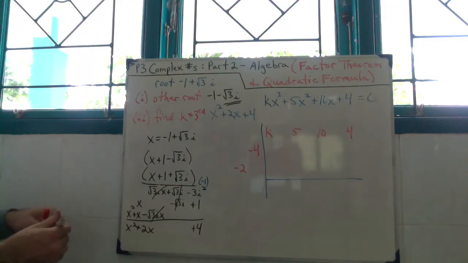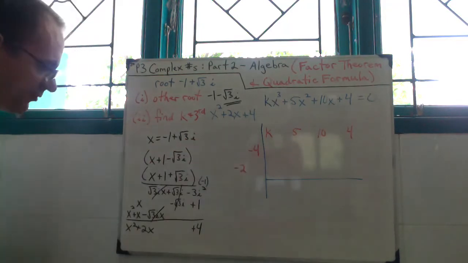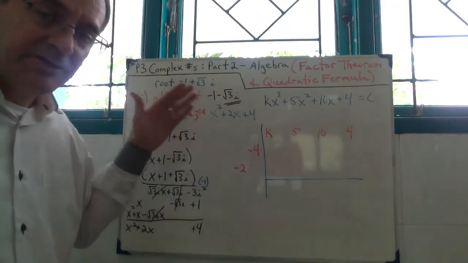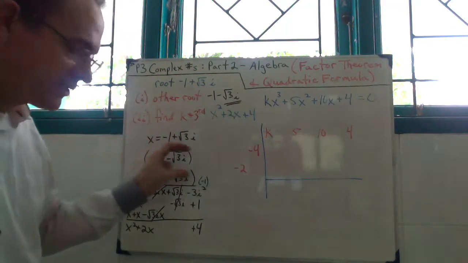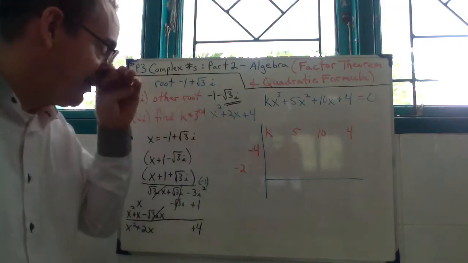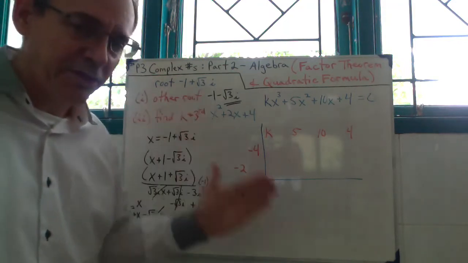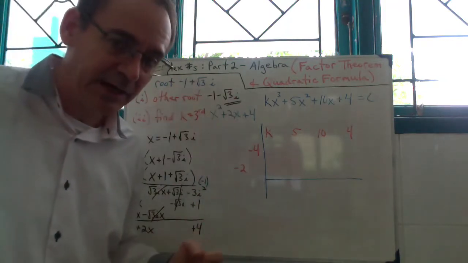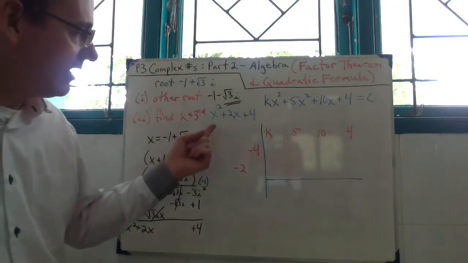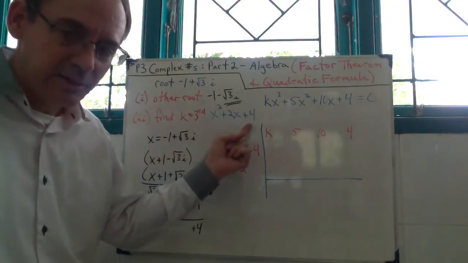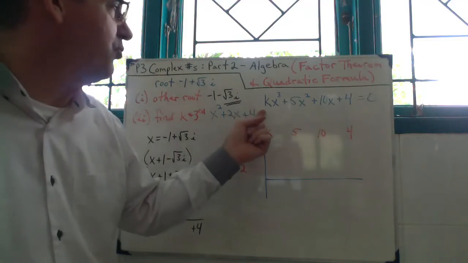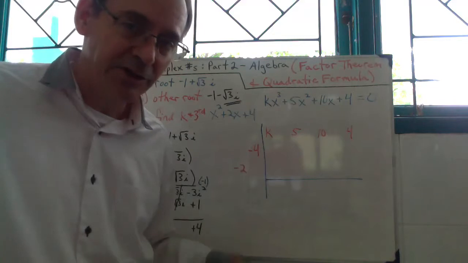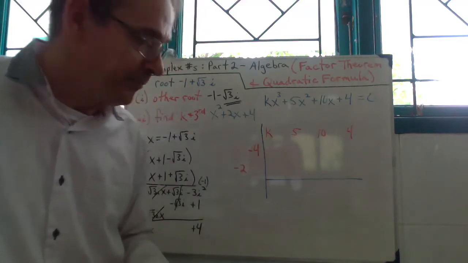So we end up with x squared plus 2x plus 4 as the combination of our two roots changed into factors and then multiplied together. If we want to find the third root and also solve for k in the process, we can divide this quadratic into our cubic, and when we divide this into the cubic, our remainder is the third root.